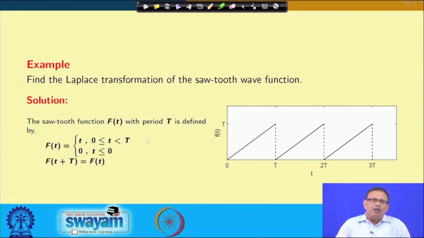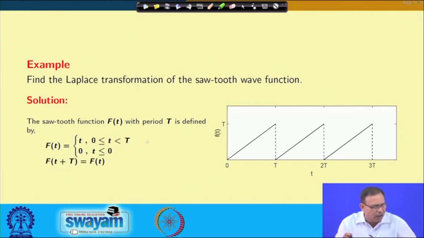So, the sawtooth function is a periodic function with period capital T, so that f(t plus T) equals f(t). The graph is also given: from 0 to T it takes f(x) equals x, from T to 2T it takes the same graph again, and it continues like that.